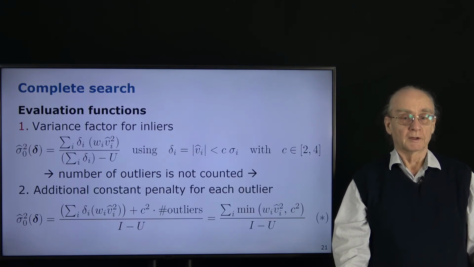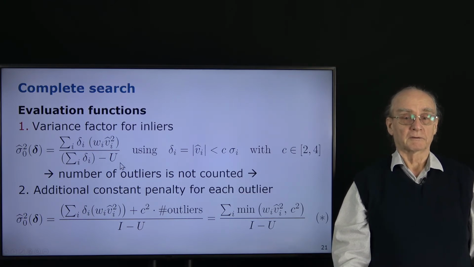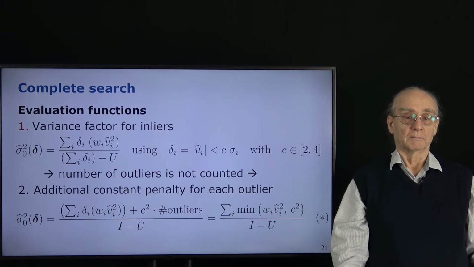So how do we evaluate? The easiest way is to take the estimated variance factor for the inliers. So if delta is 1, we take the weighted squared residual of that point and sum over all the good points, and then we take the number of good points and subtract the number of parameters.